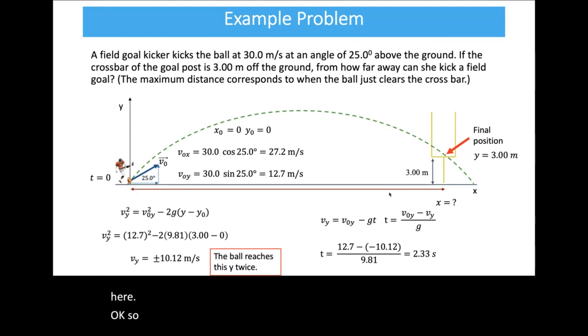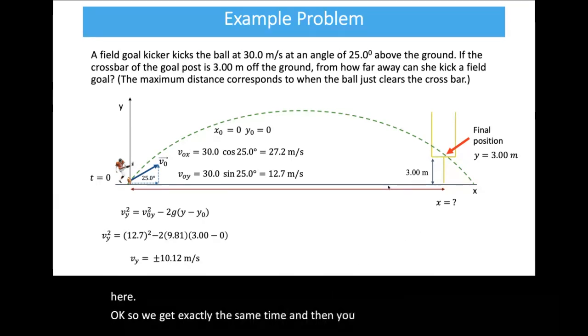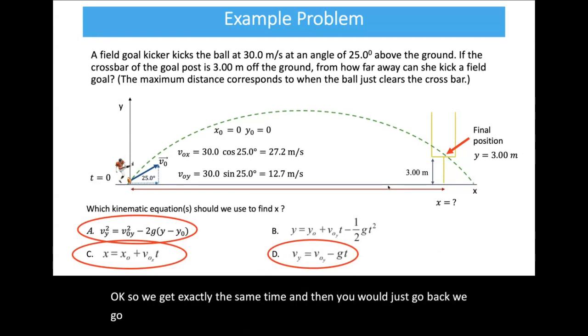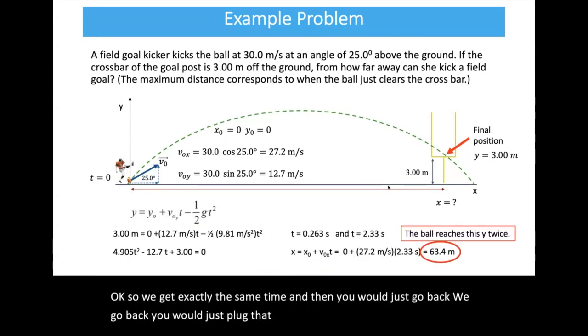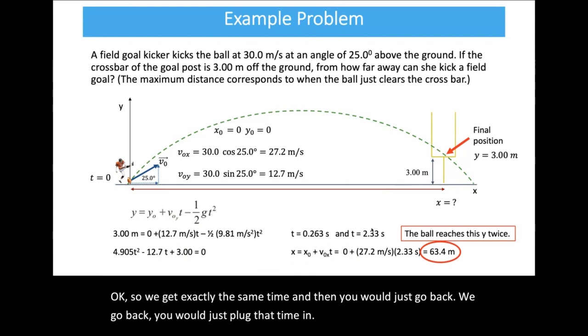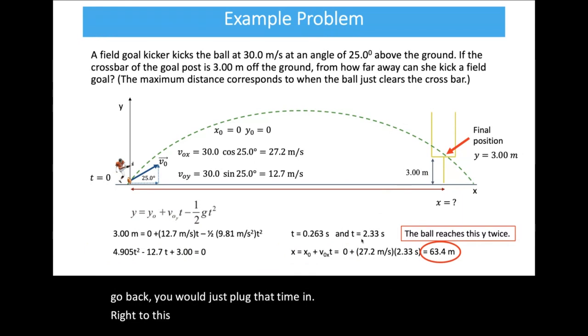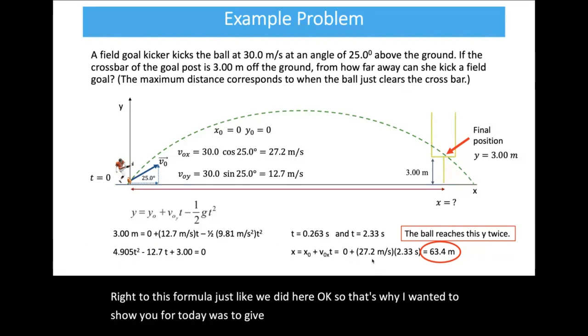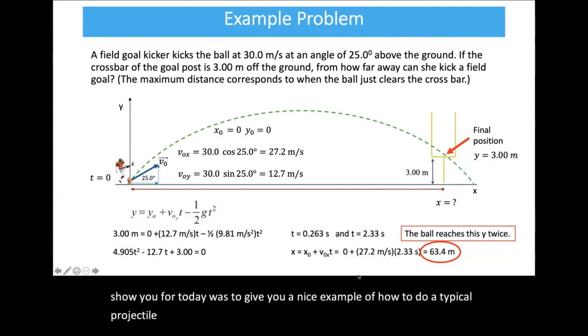So we get exactly the same time, and then you would just go back and plug that time into this formula, just like we did here. So that's what I wanted to show you for today, a nice example of how to do a typical projectile motion problem.